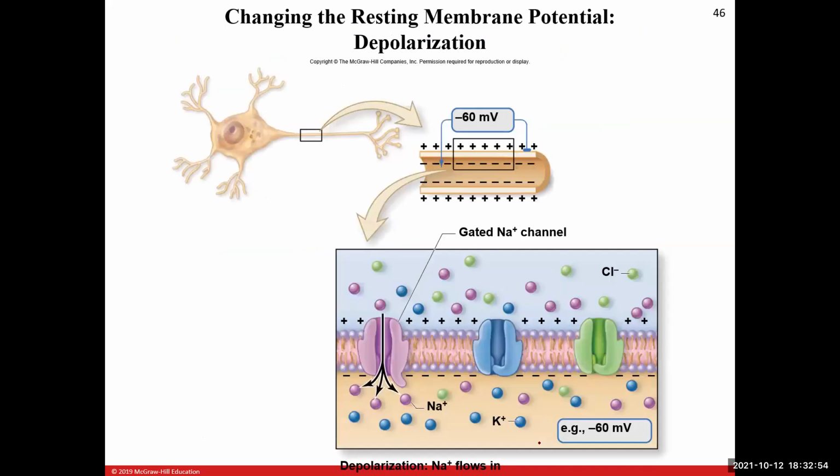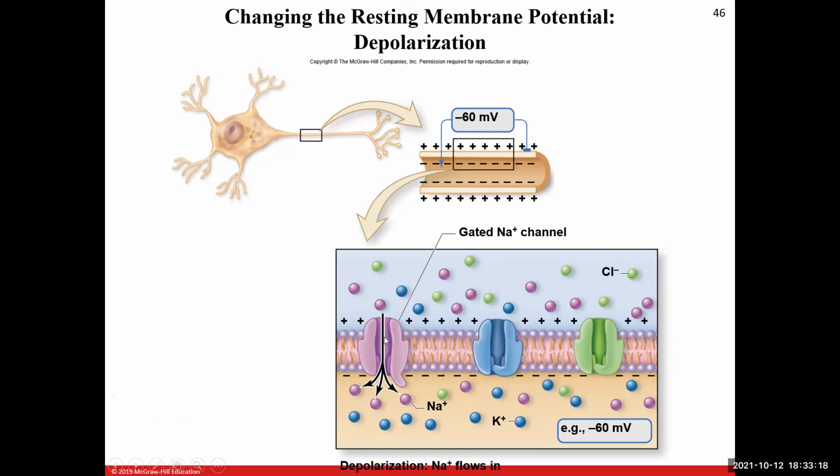So let's talk about what we're seeing here. Here you can see our picture of our gated channels. Now we've talked about depolarization. Let's make the inside of this cell more positive. Yes, less negative. So we'll open up a channel that's going to bring positive stuff from the outside into the cell.